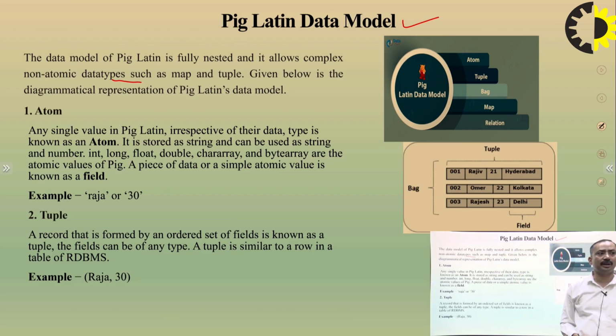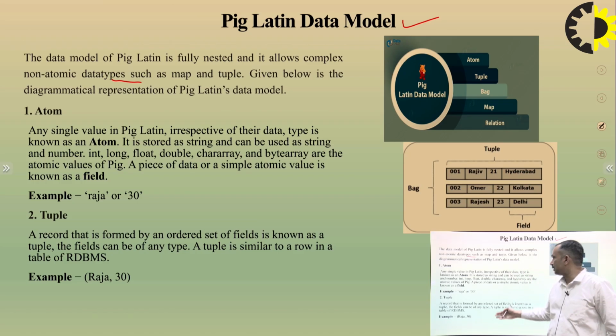So non-atomic data types we also have here. This is a diagrammatic representation of Pig Latin's data model. So we have atom, tuple, bag, map, and relation. So we have these 5 types of data models in Pig Latin: atom, tuple, bag, map, and relation.